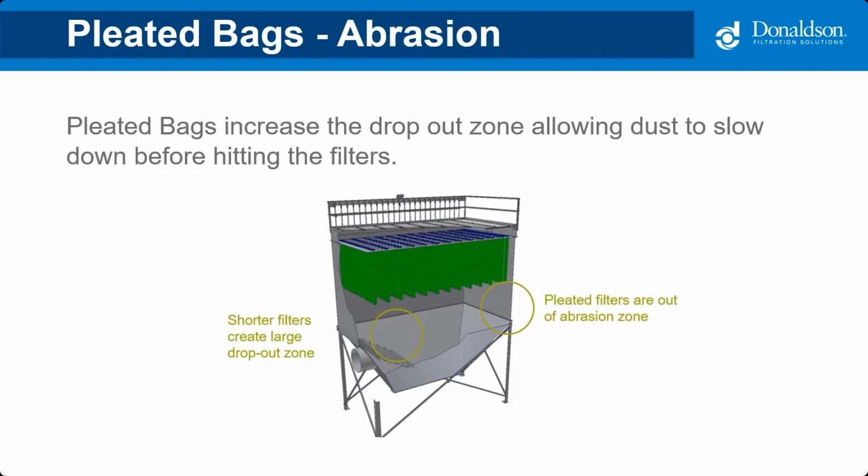So if you currently have 10-foot bags that are getting holes in them, go ahead and switch over to the pleated bags, and you're going to go from 120 inches to 80 inches, or maybe even less if your AMR will allow it. You're going to lift those filters up out of that gas stream, and you're going to let that dust settle out before it ever reaches the filter.